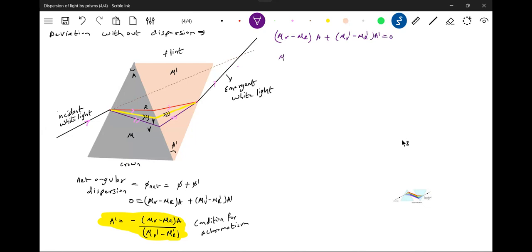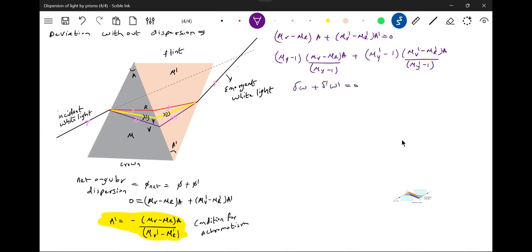Let me adjust mu y minus 1, mu y dash. So this mu y minus 1 will be the deviation for the omega, delta dash, omega dash.